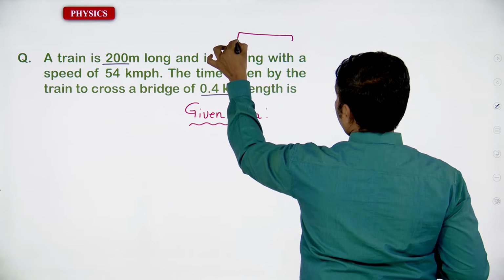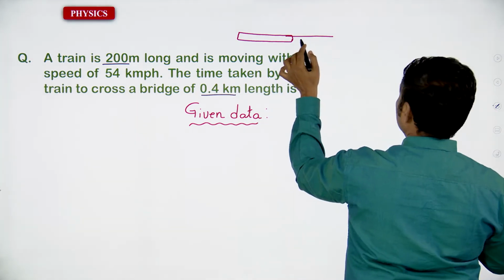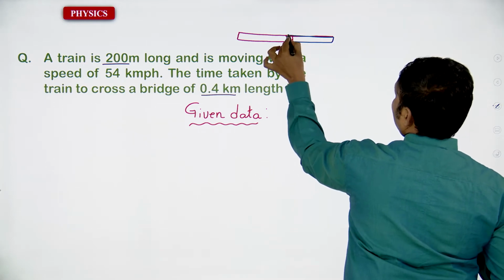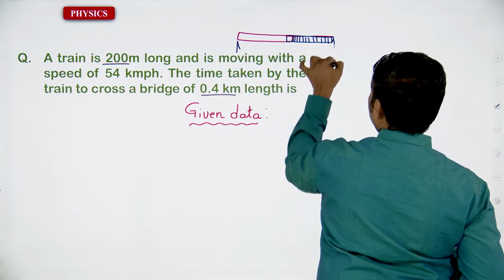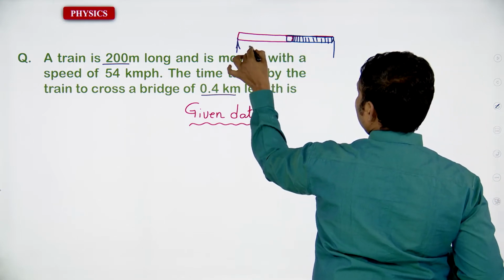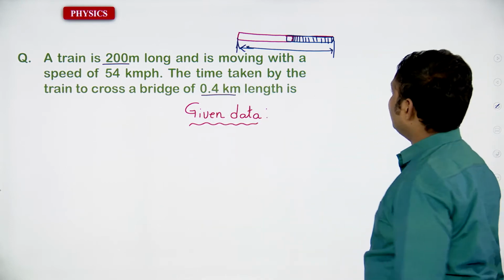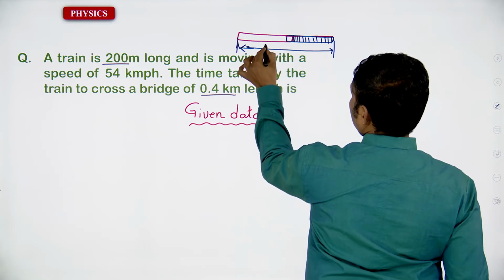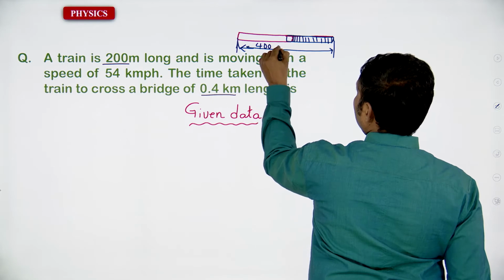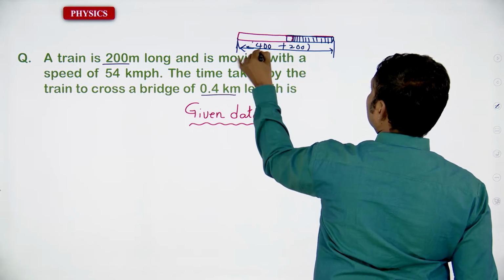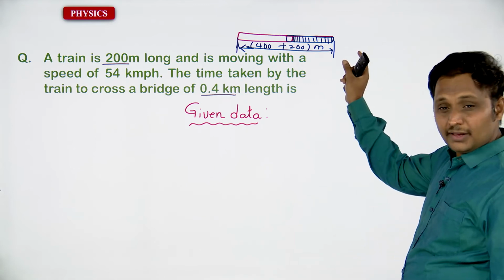The train has crossed, and the distance has to be identified. You have to consider the total distance, that is 400 plus 200 meter.